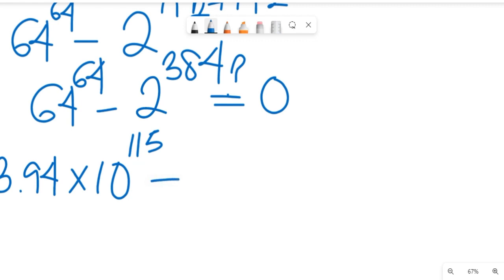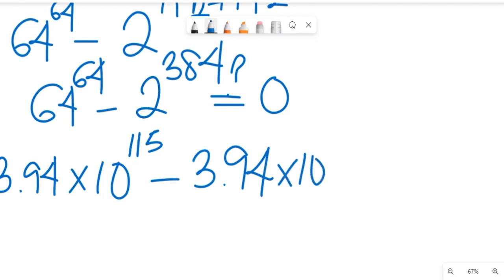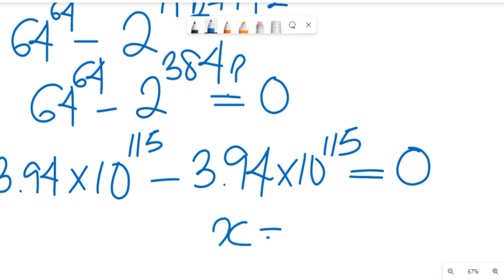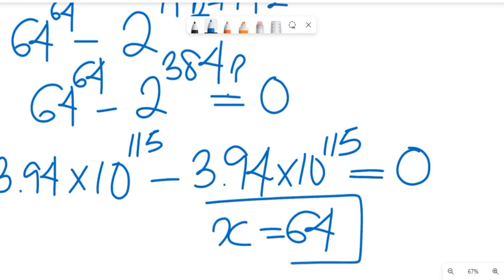Minus 2 to the power of 192 will give us 3.94 times 10 to the power of 115. So what does that tell us? These two values will give us 0. So that simply tells us that our x, which is equal to 64, is a solution that satisfies that exponential equation.